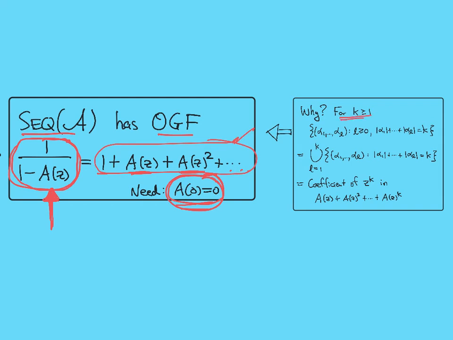Fix a k greater than or equal to 1, and let's look at all of the elements of size k. These would be sequences with some length L, where the sum of the sizes equals k. We're not allowed L equals 0 because we have k greater than or equal to 1 here.